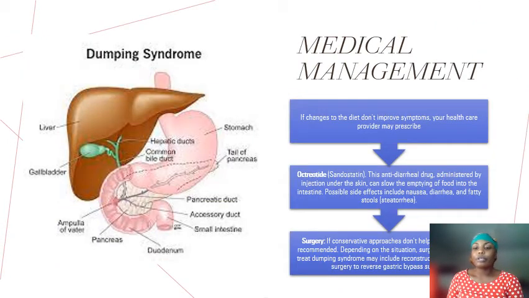We are going to continue with medical management. Generally, the doctor will recommend changing the diet, because remember, what causes dumping syndrome is generally food higher in sugar. So when you realize that your food is higher in sugar, what the doctor will recommend first is to change your diet. Go with a low carb diet.